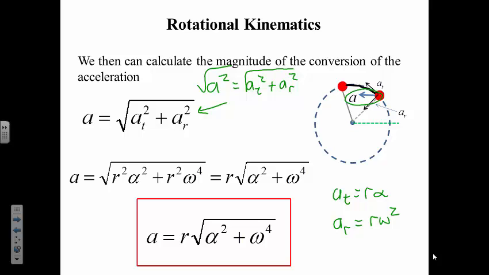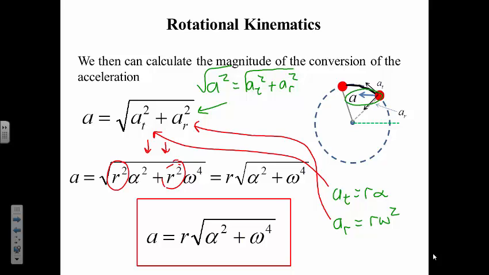So we can substitute a_t into here and a_r into there. When we do that, we get this line here. But we can factor this out and this out, and these two factor out to make the r. We're left with the total acceleration of this particle, if it's increasing speed around the circle.